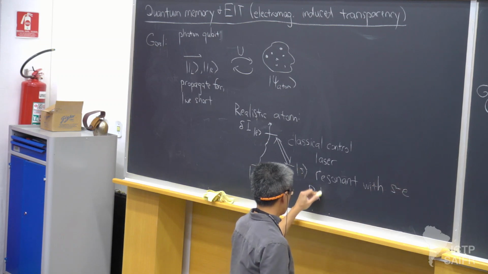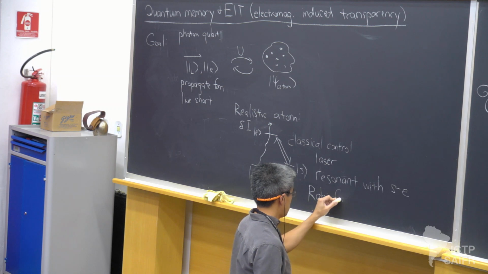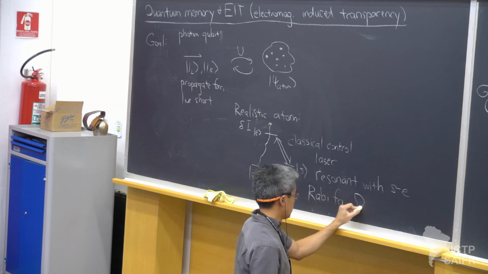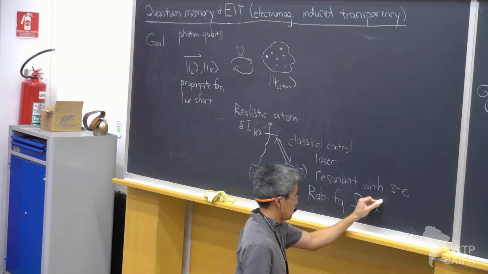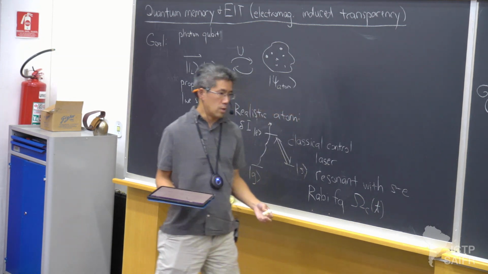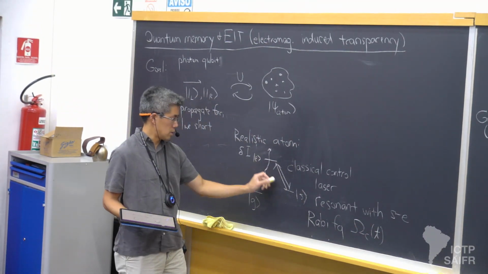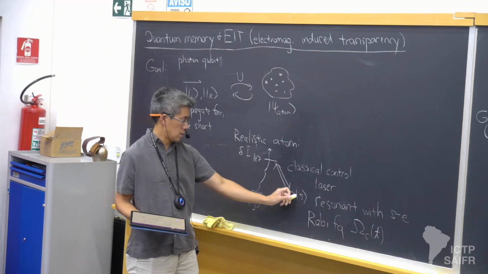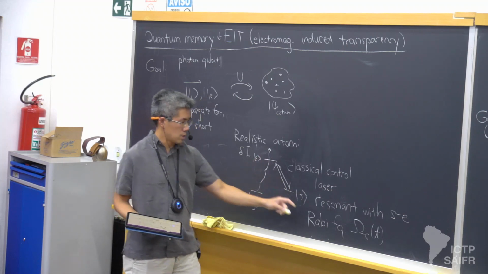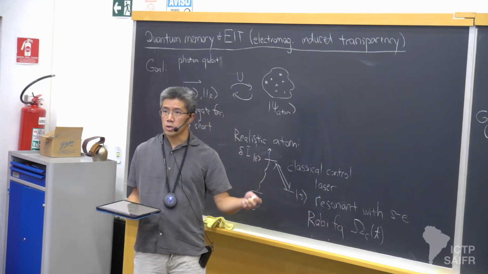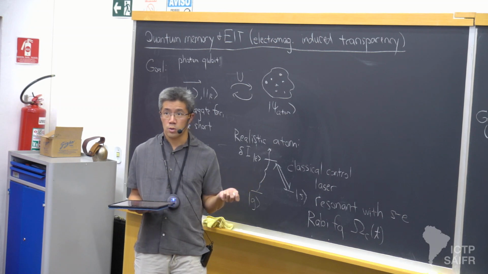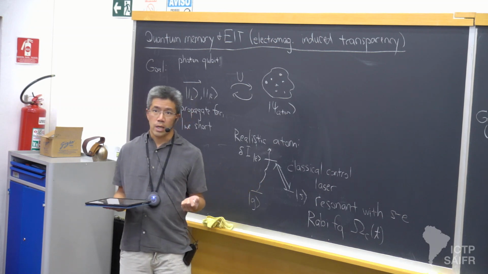It'll be characterized by some classical Rabi frequency omega c of t. So this laser, the goal is just to try to induce transitions from the excited state to the state S, or induce oscillations at a fixed rate. So it's just a classical laser whose intensity you can tune up and down by hand.